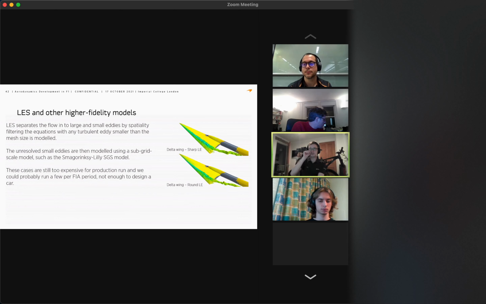The smallest eddies, called the Kolmogorov length scales, are the ones which dissipate the energy off into heat. At the moment, although we desperately would like to run this model, we can run maybe 8 in every 8-week period, so maybe 1 a week, but you can't really design an F1 car with 1 simulation a week, which is why we haven't started looking at this yet.